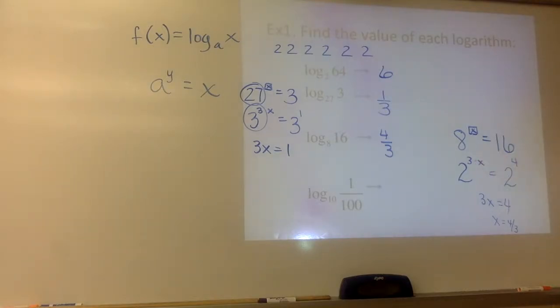So my 8 here became 2 to the 3rd, which is just a substitution, different numbers. And my 16 became 2 to the 4th when I went to common bases. Now I have an equation that makes sense. Base 2 to a power is equal to base 2 to a power. Doesn't that mean the exponents have to be the same if there's an equal sign between them? So the exponents have to have the same value. Solve the equation.